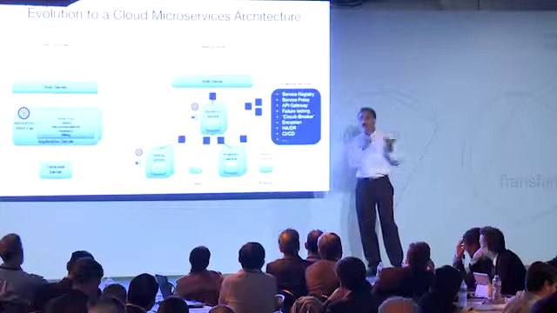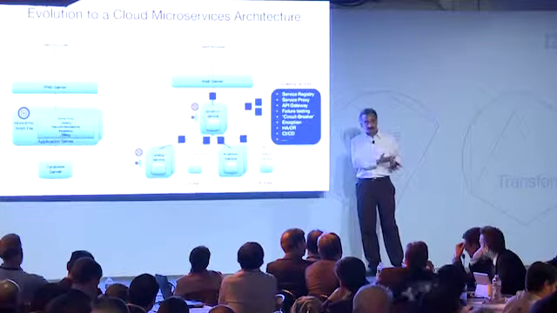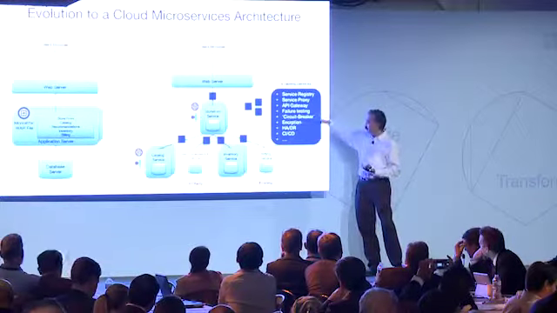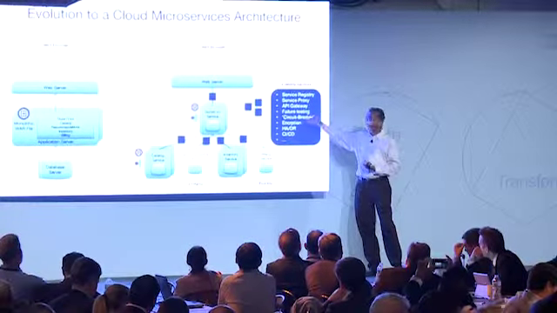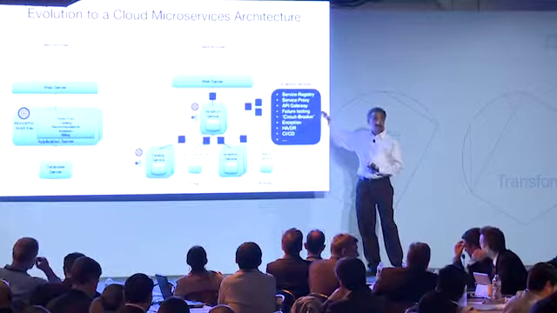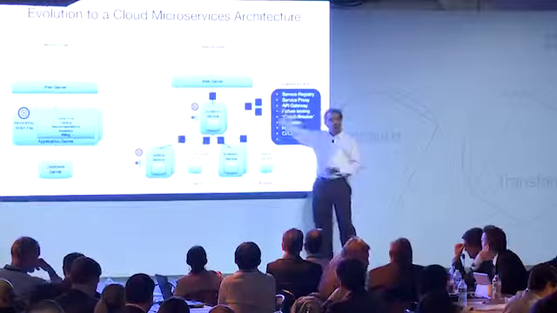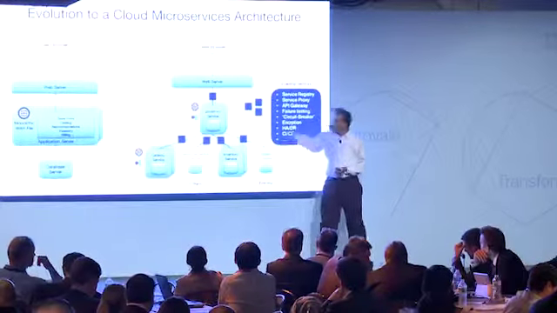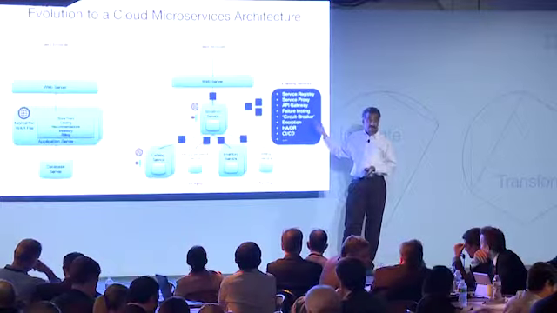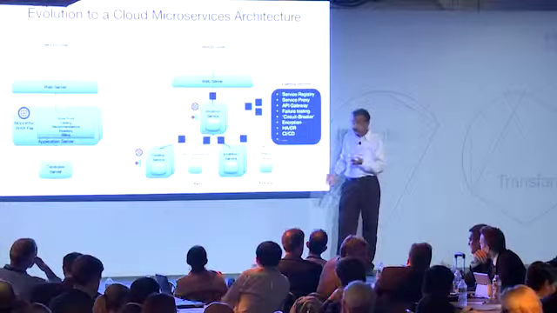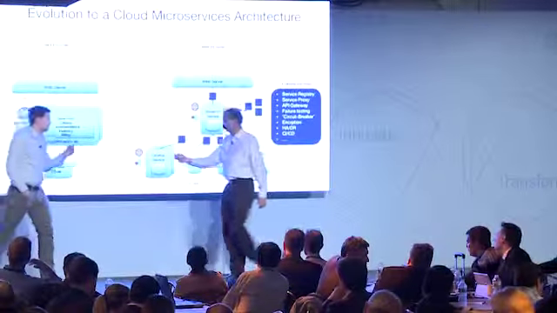I might not want to move all data. I might want to tokenize data when I move it off-premise. So the set of capabilities that you need to support a microservices architecture is as important as the decoupling of the application logic itself. And to get into a little bit more detail of how we deliver these services and what we do in this space, I'll give it to Jason.